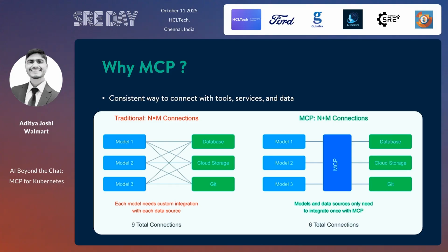And similarly for model 3 as well. Now, if you are not using MCP, you will have to write that integration for all the models and all the data sources, which gives us that M-into-N connection. Once you have MCP, it provides that standardization, which means you can write the implementation one time, and that same implementation can be leveraged by different models to connect to different data sources.